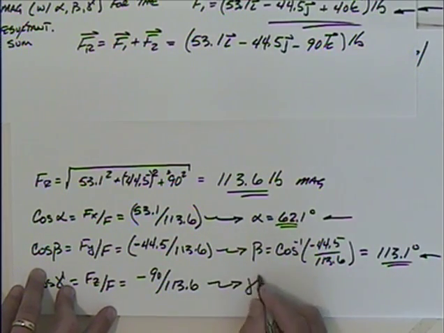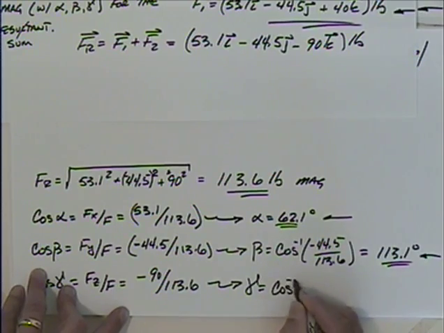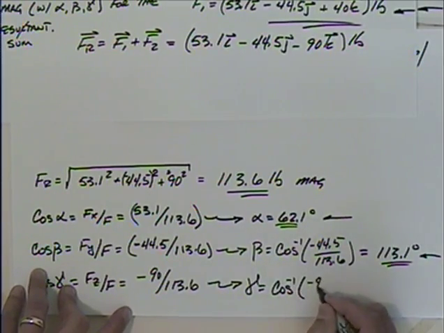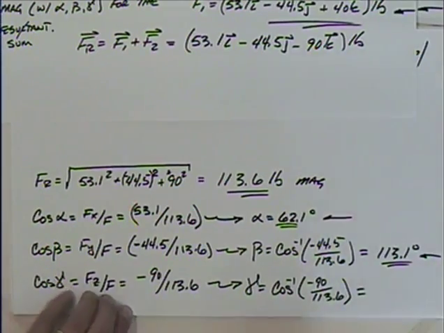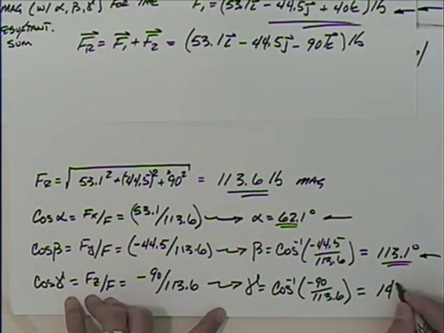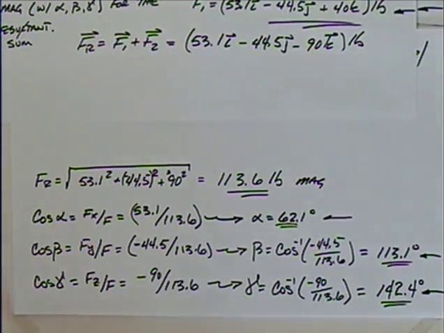So you get that gamma is equal to the arc cosine of minus 90 over 113.6, which nets me 142.4 degrees. And double check that one for you too. Yep. Okay.